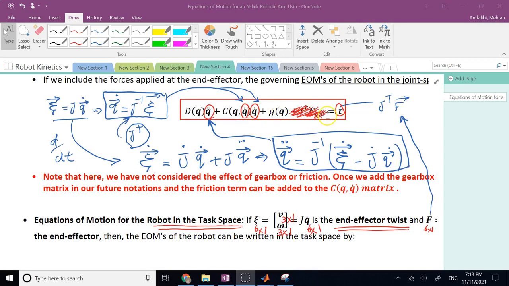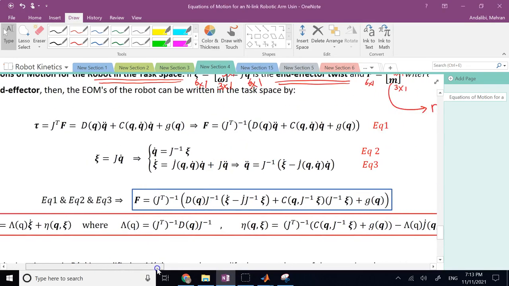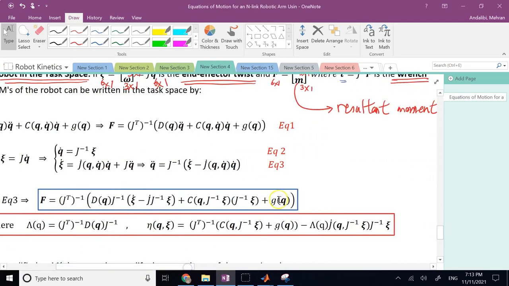So now with everything properly replaced, you can go down and get your final equation of motion in the task space, which you can see here. So these equations 1, 2, and 3 are what we discussed. If you replace, you are going to get this equation in the blue box.